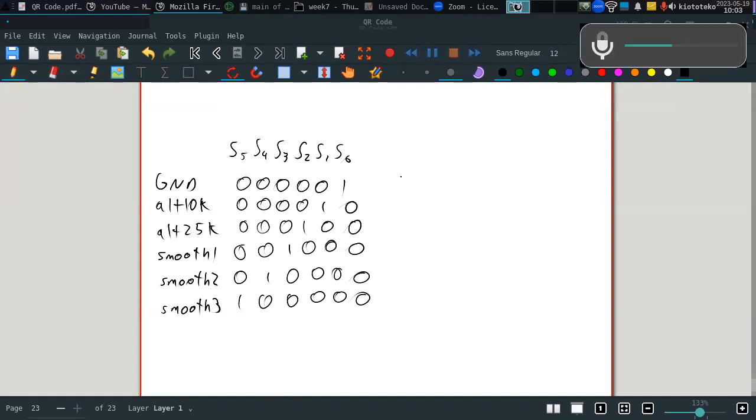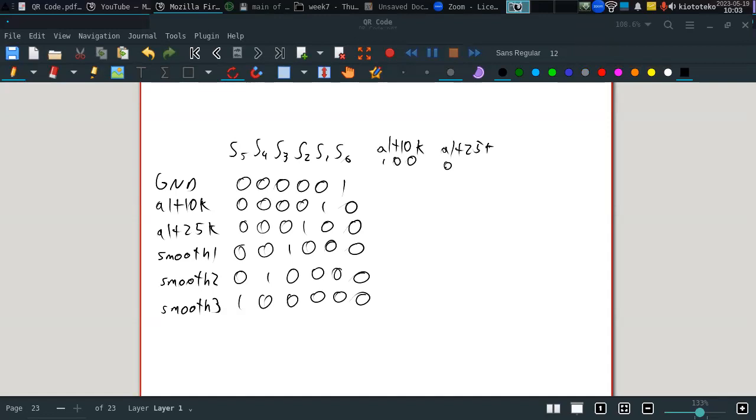So you have your inputs, which is alt 10K, alt 10K, which is 100. If we remember, we have alt 25K, which is 010, smooth, which is 001, and none.